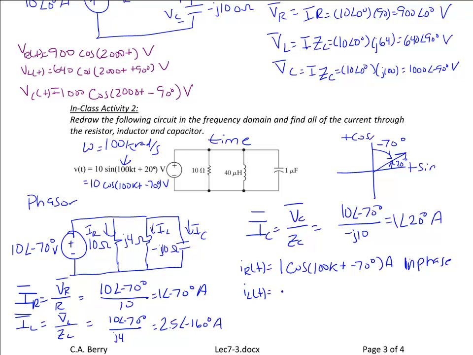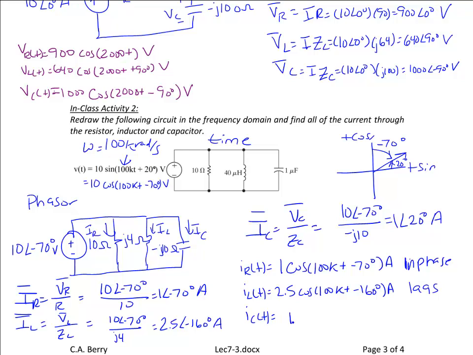IL of t is equal to 2.5 cosine(100kt minus 160 degrees), and the units are amps. What you would see is that this has a phase angle of negative 160. The voltage was negative 70, so the current lags the voltage by 90 degrees, as we said before.